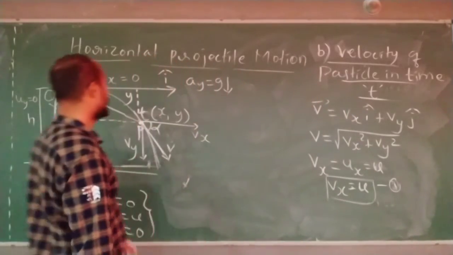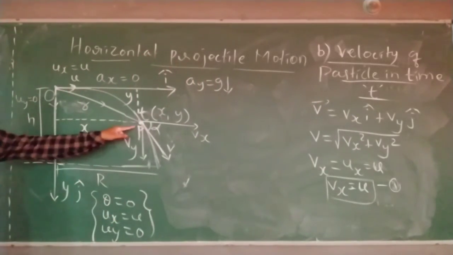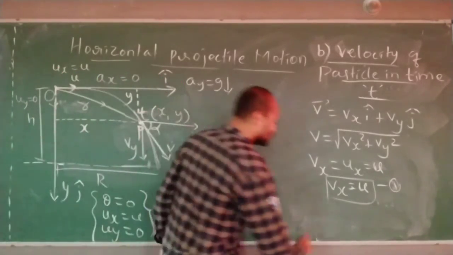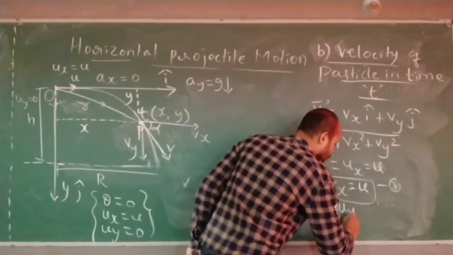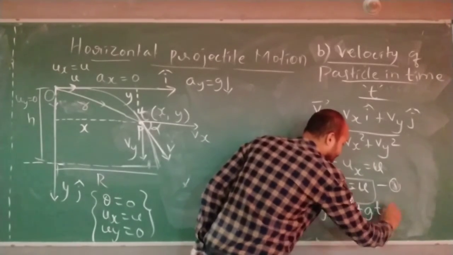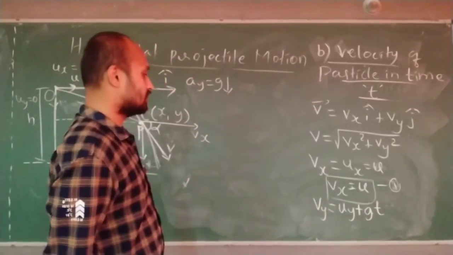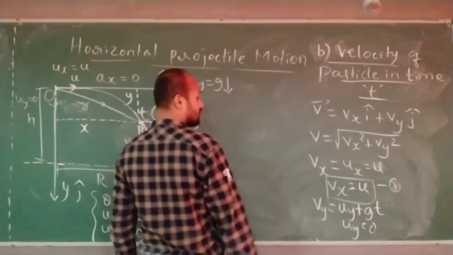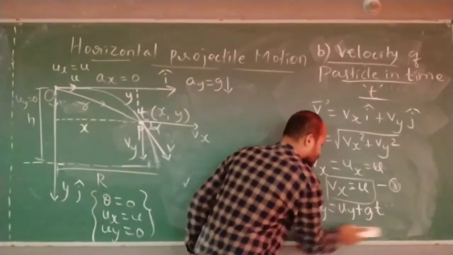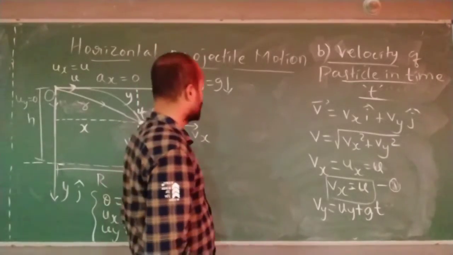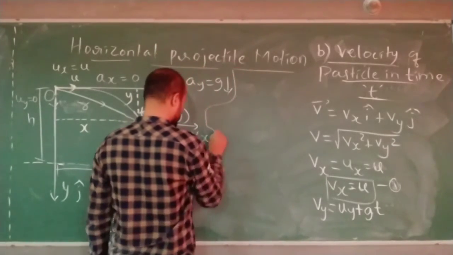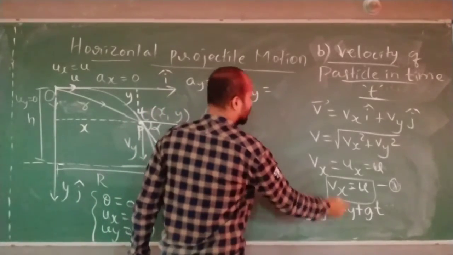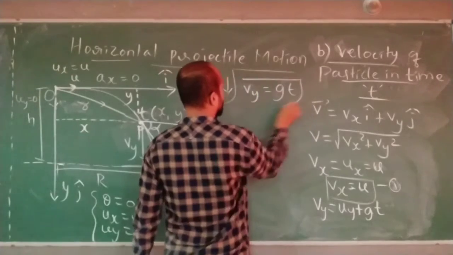Next, Vy. Observe along the y axis. Vy will be equal to uy plus a into t, that is g into t. Since uy is equal to 0, Vy will become g into t.